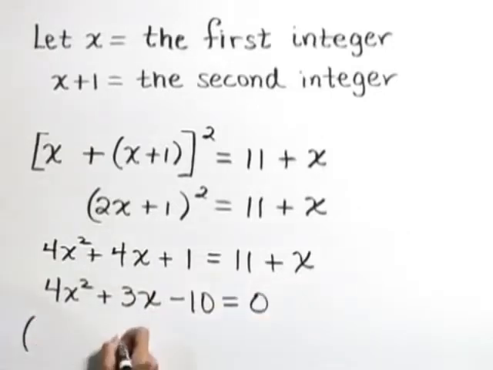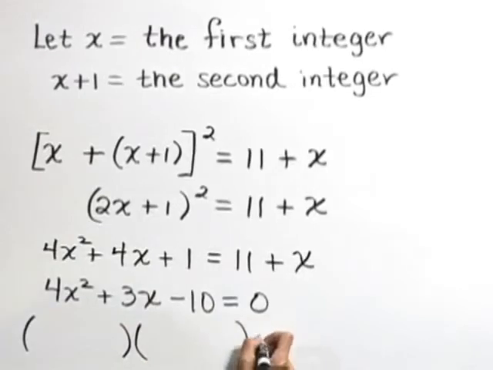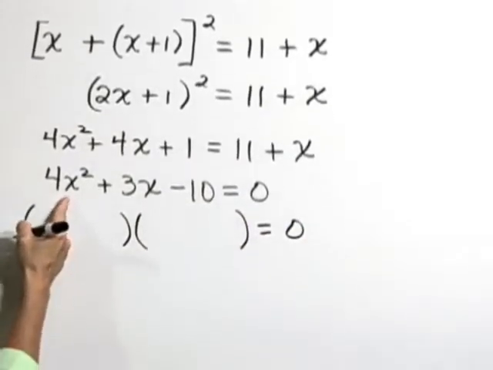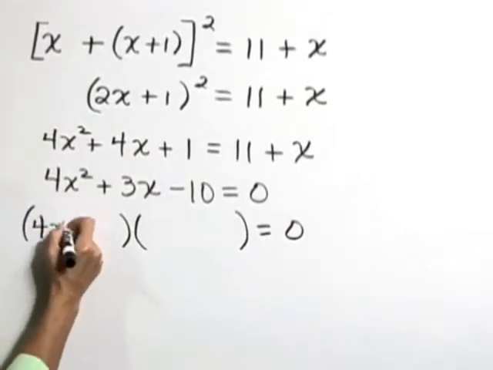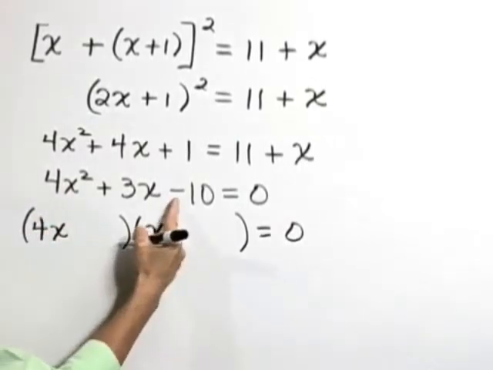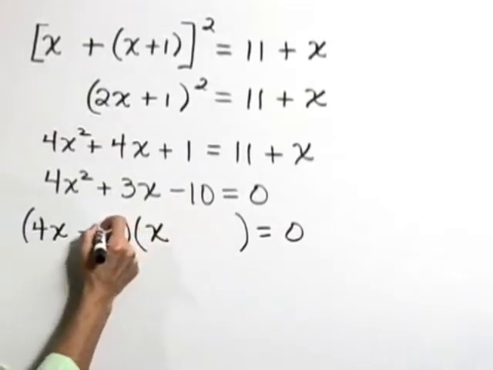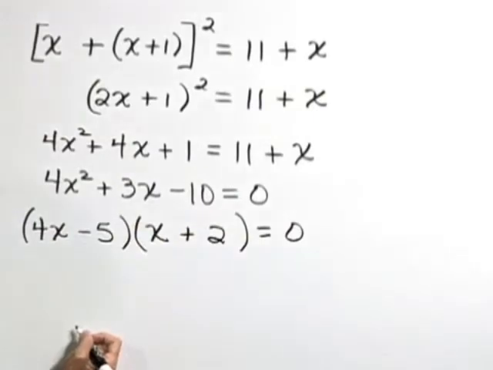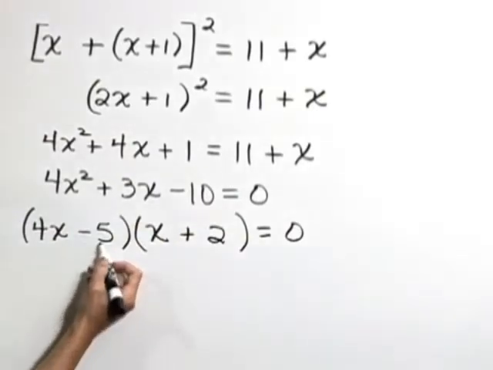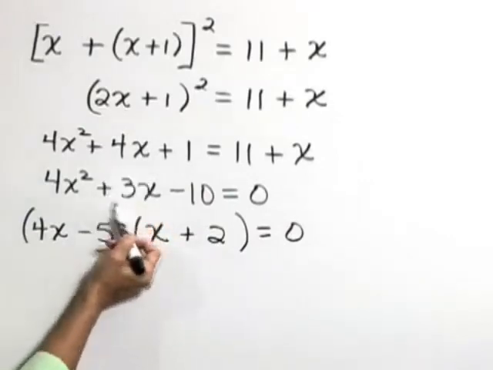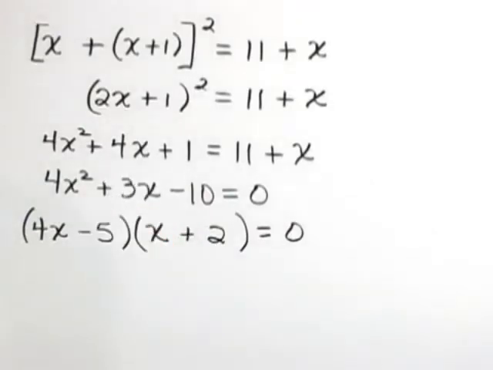Now we'll factor using trial and error. Factors of 4x squared that will work are 4x and x. Factors of negative 10 that we'll use are minus 5 and plus 2. Quickly checking, negative 5x plus 8x gives the middle term 3x.